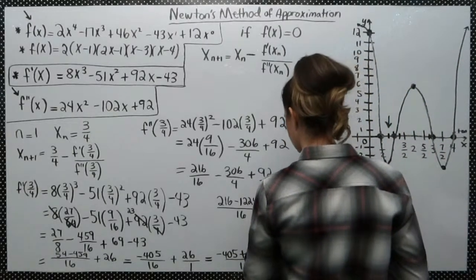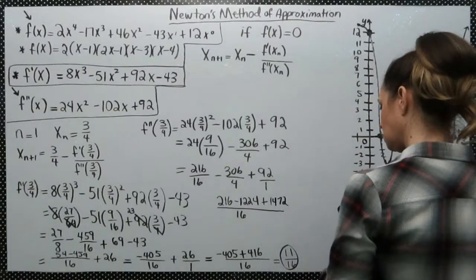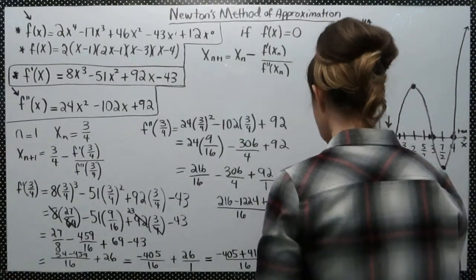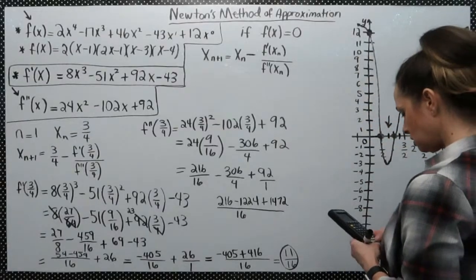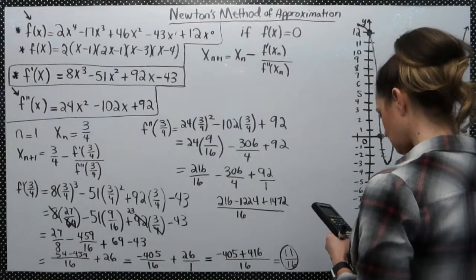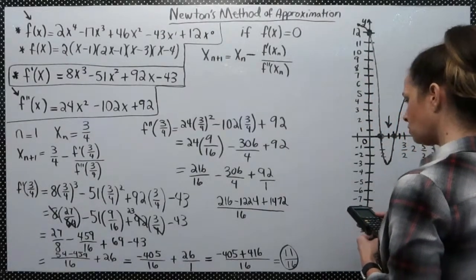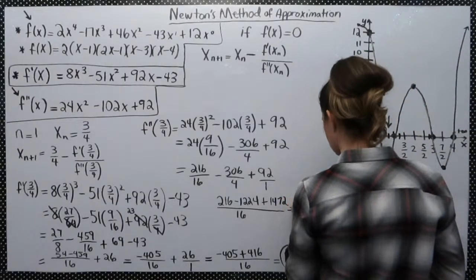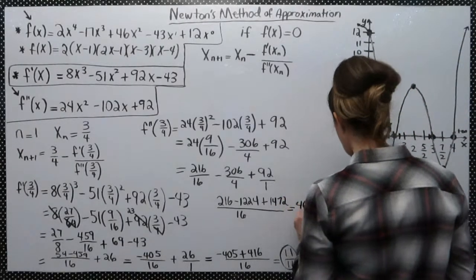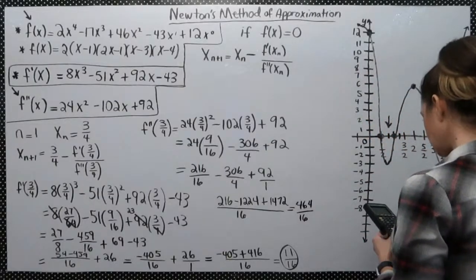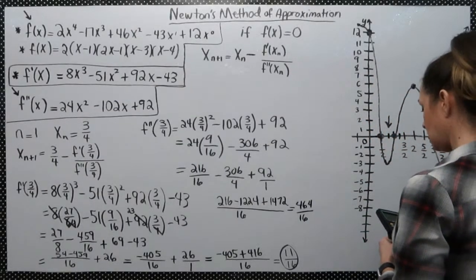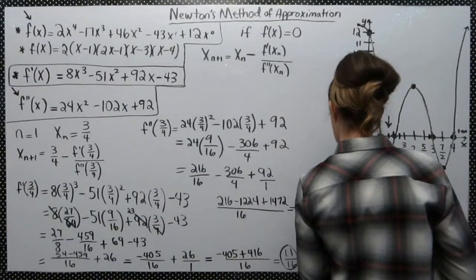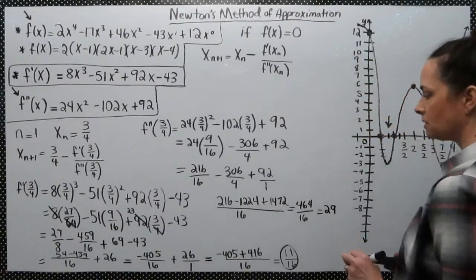Okay. So that's 1472 plus 216 is 1688 minus 1224. I'm getting 464 over 16. And I don't think it goes in evenly. It does. It actually reduces down to 29. So that was an even.